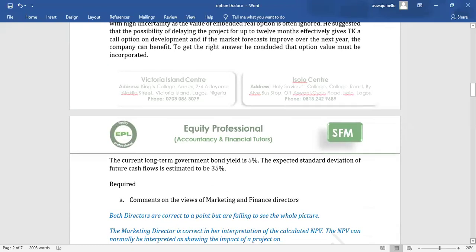The current long-term government bond yield is 5%. The expected standard deviation of future cash flows is estimated at 35%. Requirements. A. Comment on the views of marketing and finance directors.